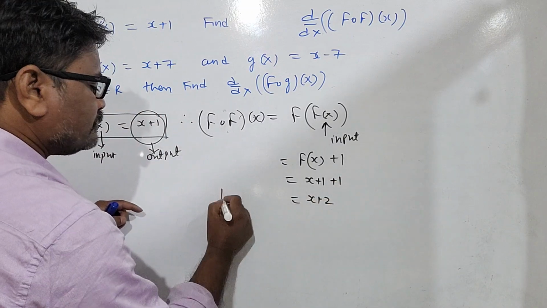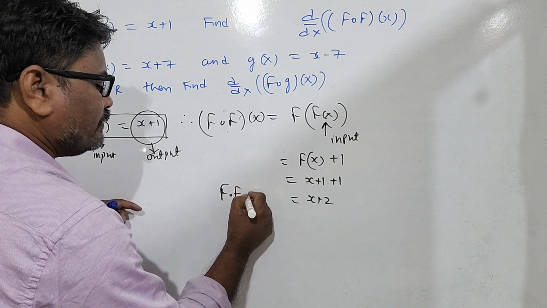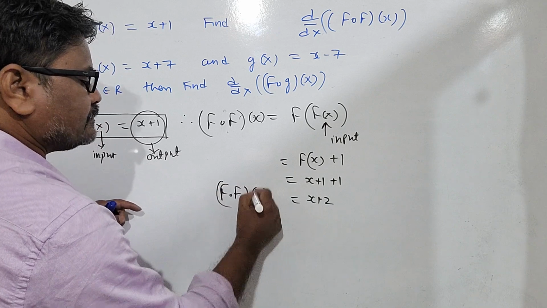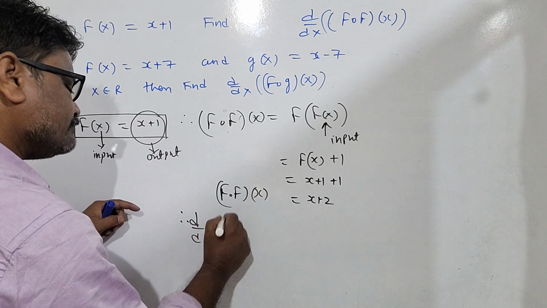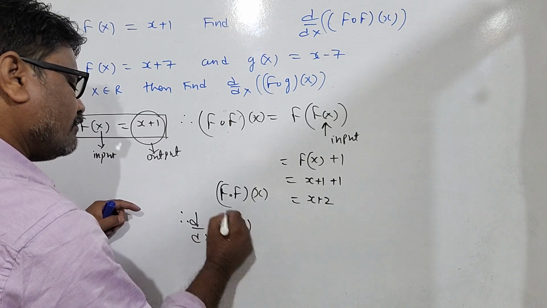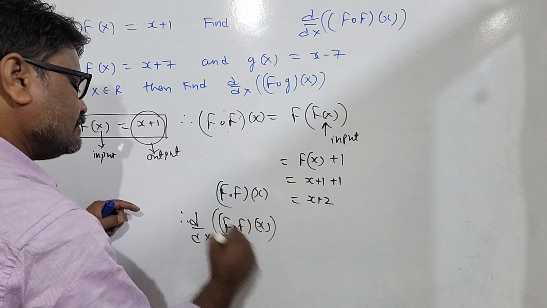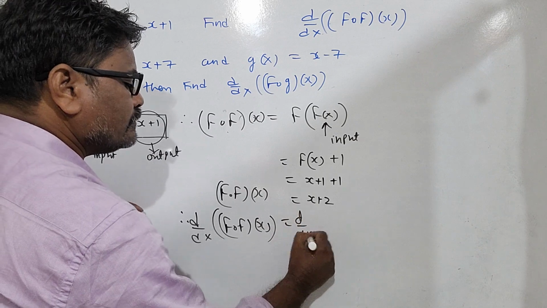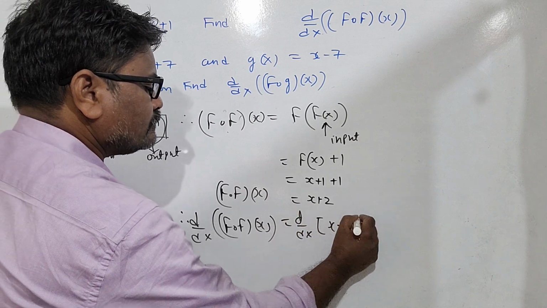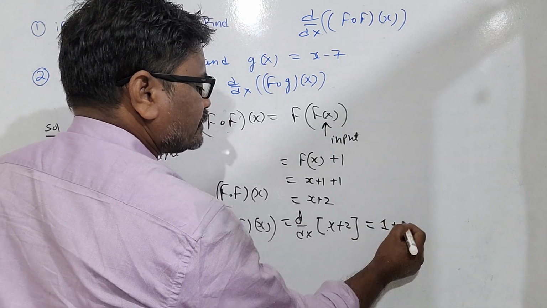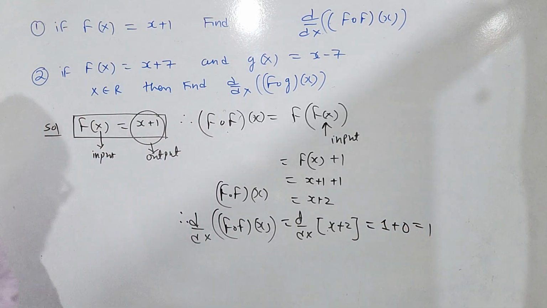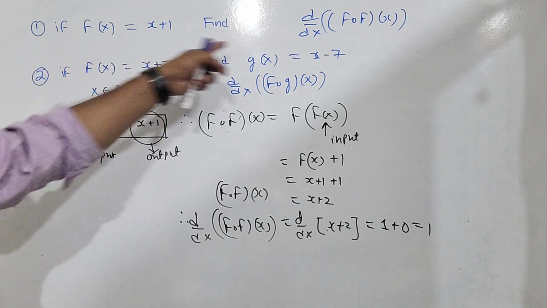So we have found fof of x. Then the derivative of fof of x is the derivative of x plus 2. The derivative of x is 1, the derivative of 2 is 0, final answer 1. Correct? So this is about the first question.